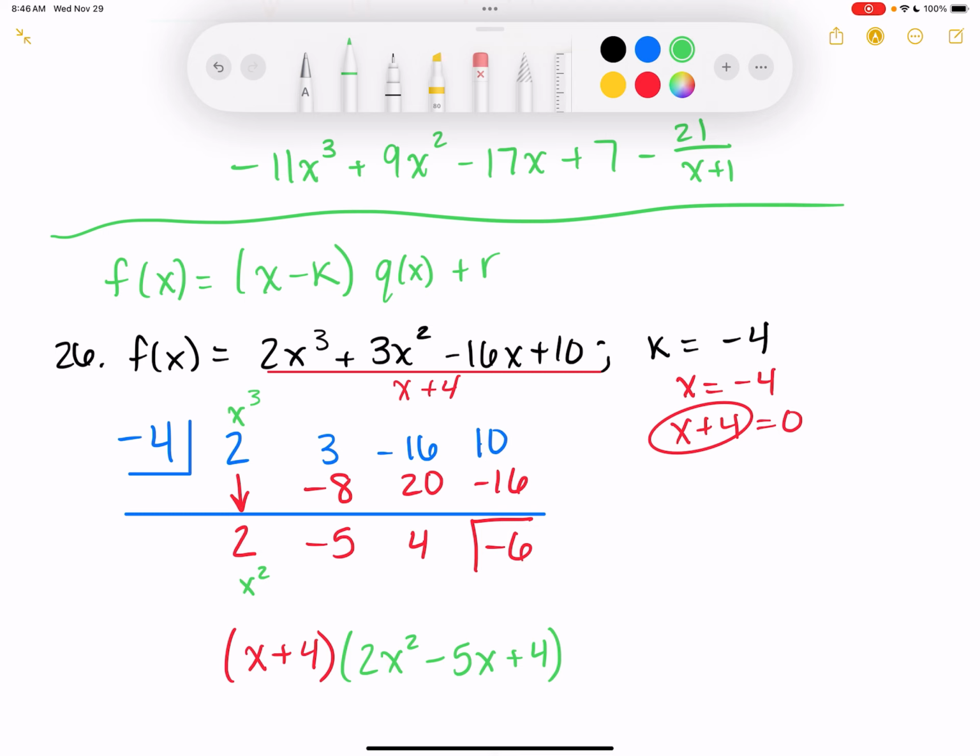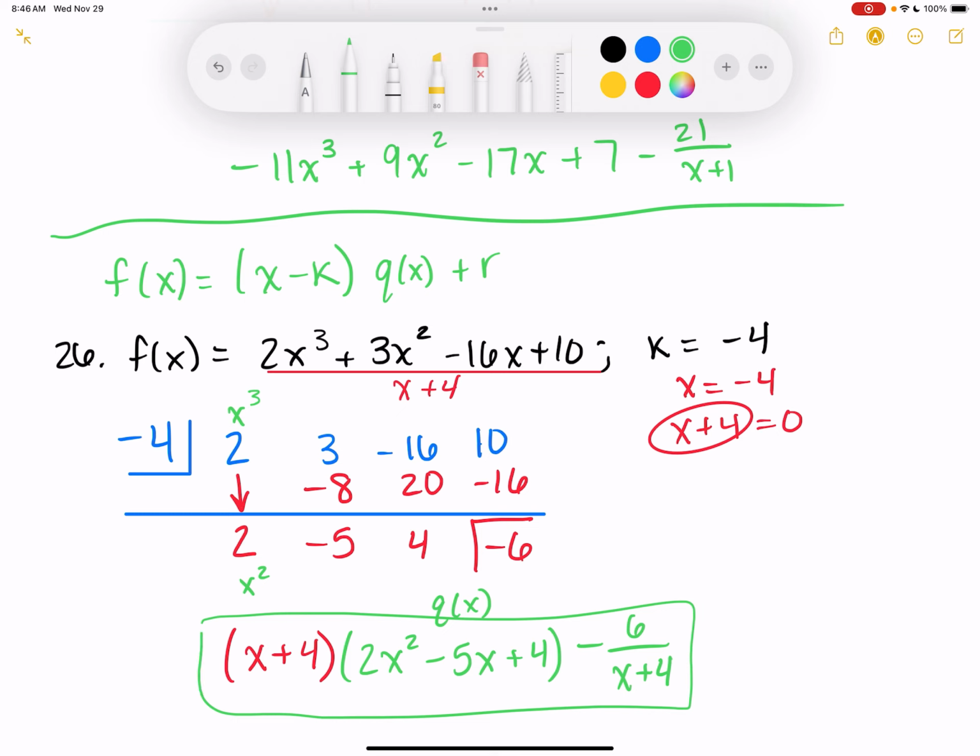I'll just note that's the q of x part. Then I have a negative remainder again, so this is going to be minus 6 divided by x plus 4. And that would be how they're looking for your final answer for these ones.